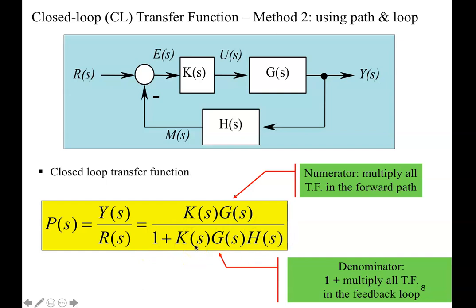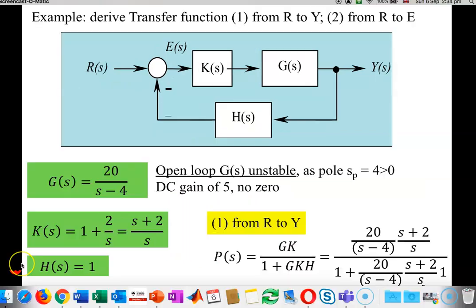In the numerator, you look at the transfer function you are trying to find. You identify the forward path from the input. At the bottom here is the input, the top is the output. Between input and output, find all the transfer functions, multiply them together, and stick that in the numerator. So you end up with the transfer function.